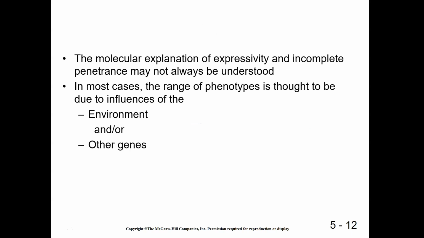So what is the explanation for expressivity and incomplete penetrance? Well, it's not always really clear, depending on the trait you're talking about. In many cases, the phenotypes occur in a range, all right? We're always graphing out this normal curve. But the range is influenced by the environment and other genes.